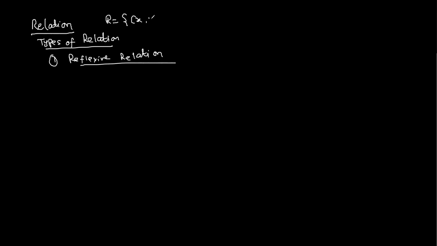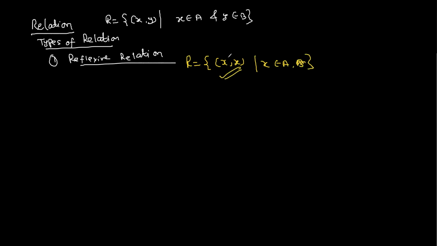A pair of x, y such that x belongs to A and y belongs to B. Right? What is reflexive relation? Reflexive relation means both elements are the same. This is called reflexive relation.